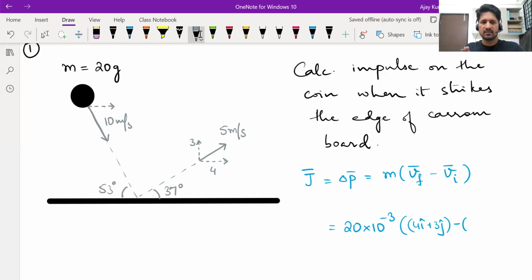Vector itself is 10. How can component be 16? Did you say 6 or 16? Sir, 8 i cap, sir. How did you get 8 i cap? How much angle does it make with x-axis?